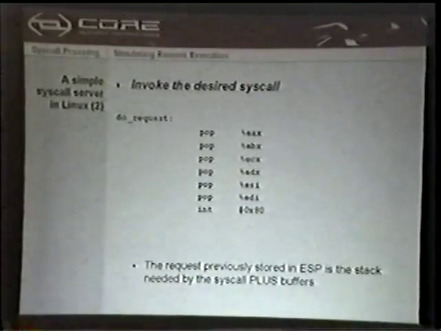And invoke, when the server wants to invoke the desired syscall, it just pops the registers and calls int 0x80, because the buffers are already in place.